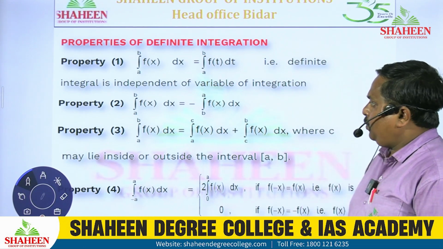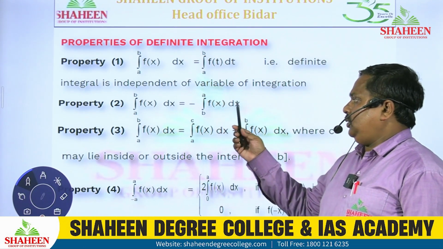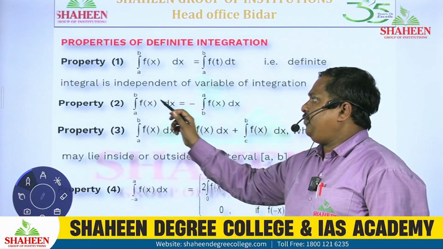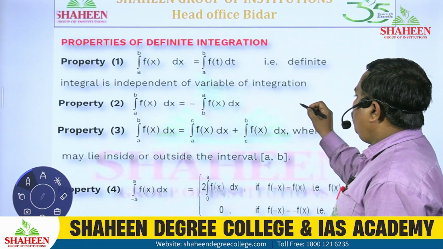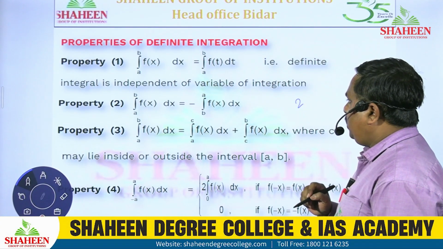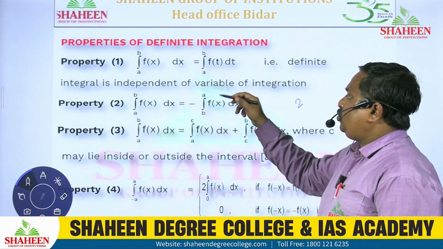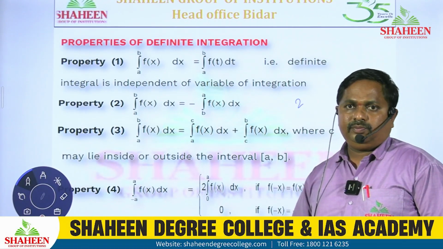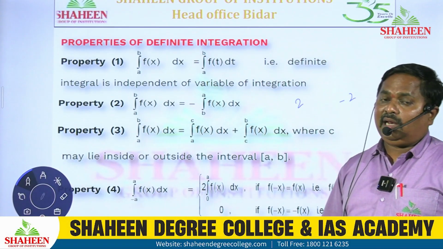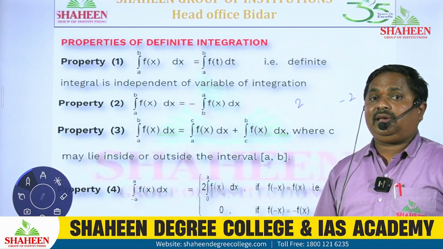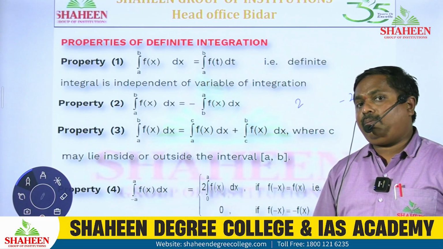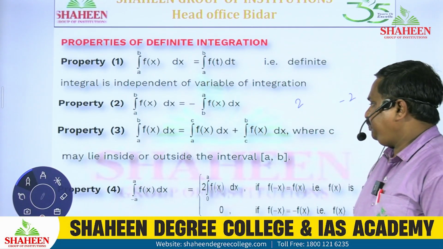Suppose integration from a to b f of x dx value is 2, then integration from b to a f of x dx value becomes minus 2. If we interchange the limits, then the sign of the value changes, plus to minus or minus to plus.